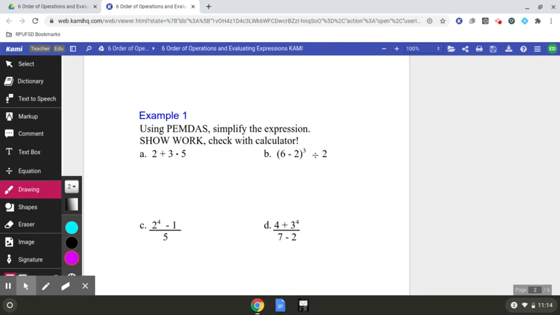When we do the first one here, we are going to remember PEMDAS. In this case, we do not have parentheses. We do not have exponents here either. Do we have multiplication or division? We do. We have multiplication, 3 times 5. So 3 times 5 is 15.